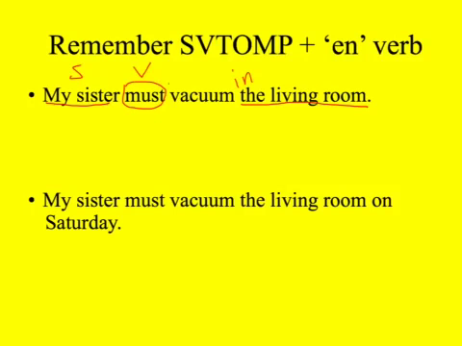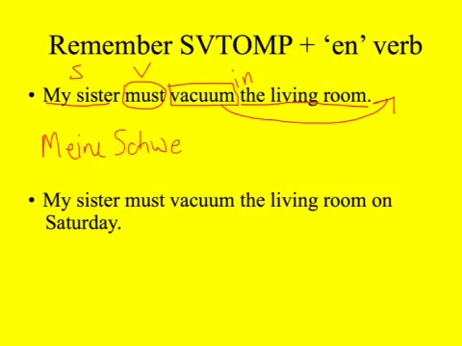And vacuum is this other verb here, which has to come around to the end in its infinitive, en form. So, meine Schwester, and can you remember, meine Schwester generally would be seen as a sie, so it's a muss.